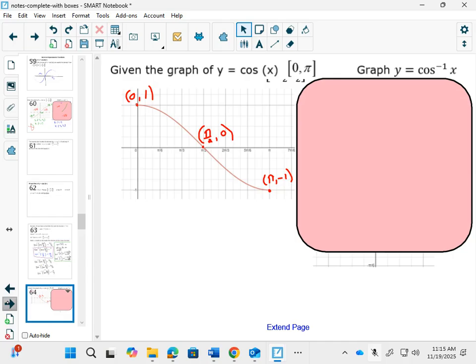Here is our cos graph. Cos graph starts at a maximum, and I can go all the way to here before, like if I kept going here, do you see that it wouldn't pass the horizontal line test anymore? And I can't go backwards at all with this, because then it wouldn't pass the horizontal line test there.